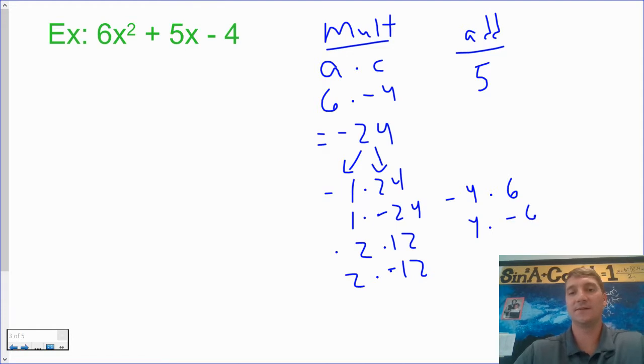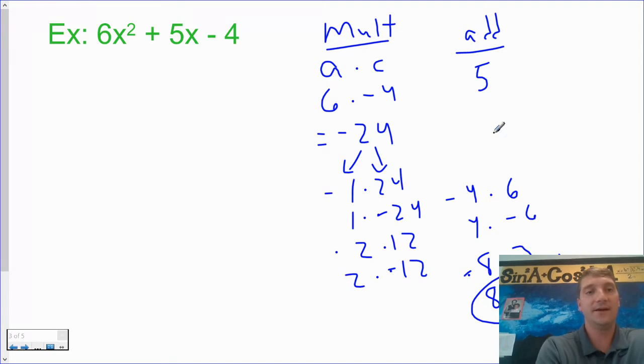That doesn't add up to 5. And then I've got 8 and -3, -8 and 3. You can list out the factors that we thought of. Those are the ones that help us out. This is the one we need here, because these are going to add to 5. Once you find your factors, you don't have to keep listing all of them, but sometimes it does help.